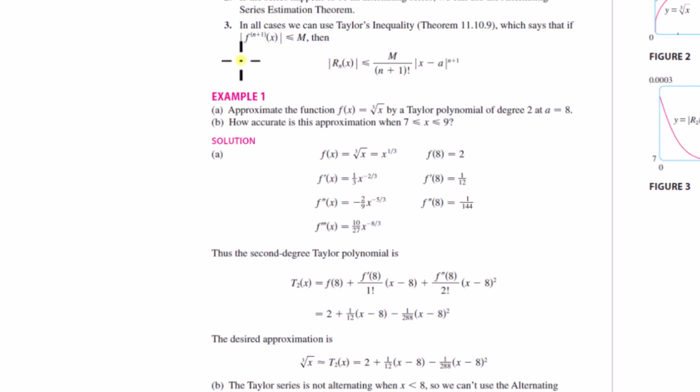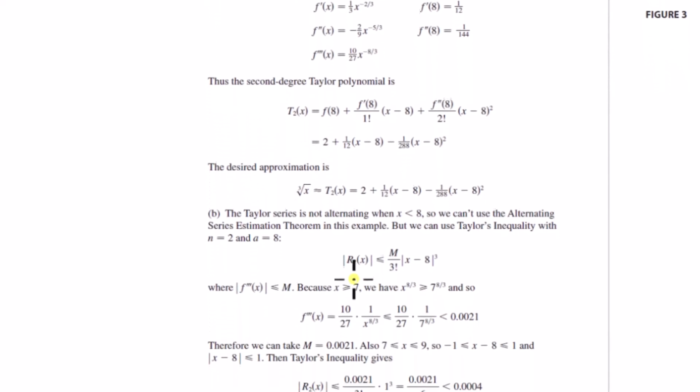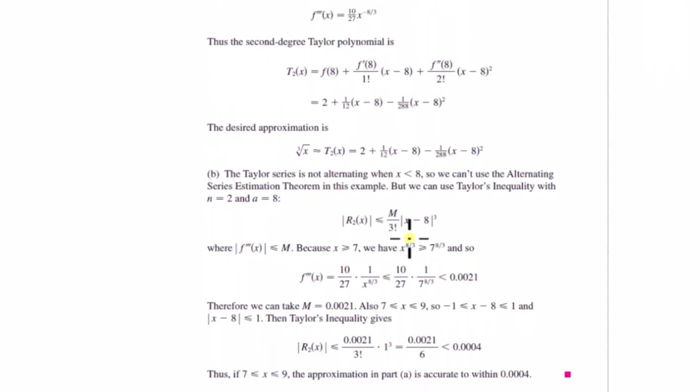Capital M comes from the n plus 1 derivative. The absolute value of this, for any x between 7 and 9, no matter what x you put in, is always less than or equal to a certain number. They plugged in n equal to 2 and a equal to 8, and simplified.